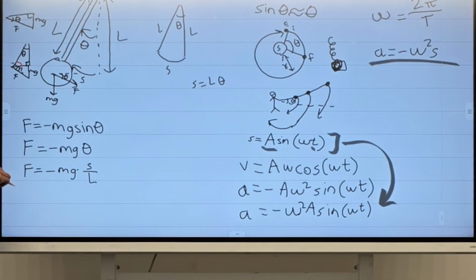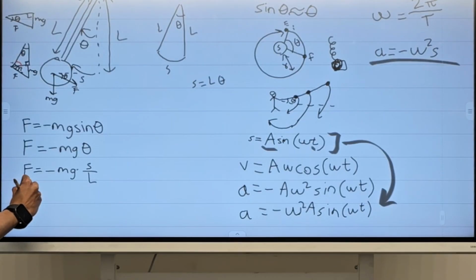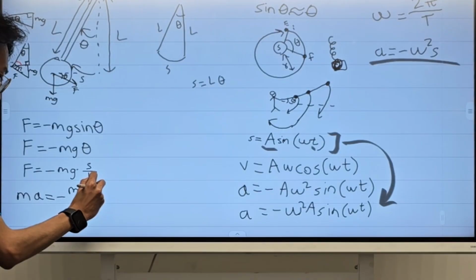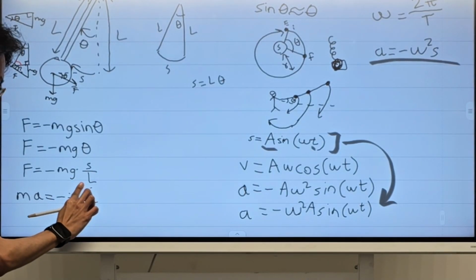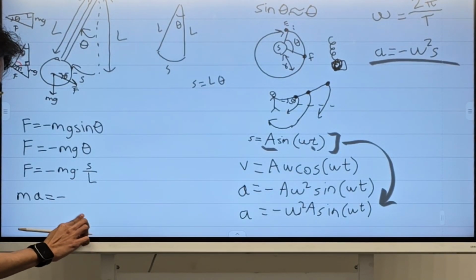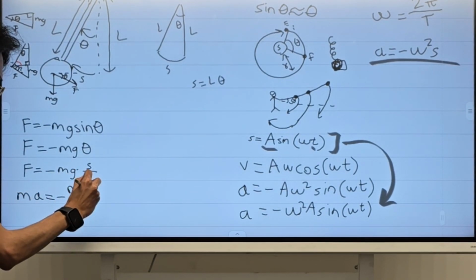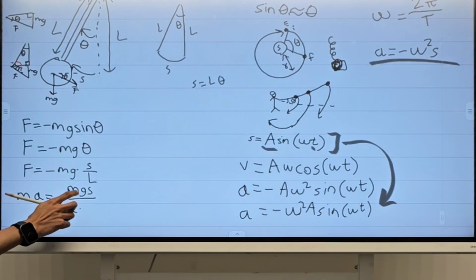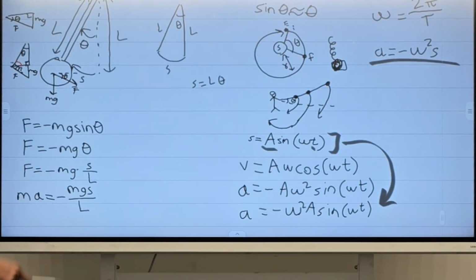Let's do that. F is equal to ma. We all know that F is equal to mass times acceleration. ma is equal to negative mg s divided by L. Metal gear solid divided by liquid. ma is equal to negative mgs divided by L. We can cancel out that.